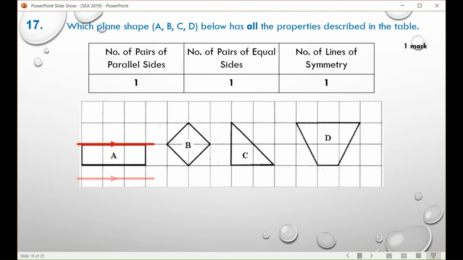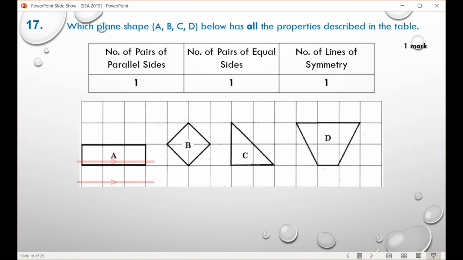And we can see that the two horizontal sides or flat sides go in the same direction, and they will, even if we made it longer and longer, they will never touch each other. They will have the same distance apart. Then those two red lines, we have arrows on them to show that they are parallel. So we have one pair of parallel sides in shape A. So it works with the properties.